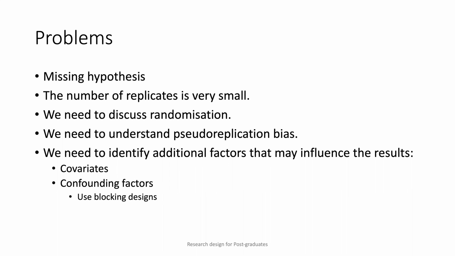And I've not discussed with you how you would randomize samples, but we did understand the idea of pseudo-replication. And some other confounding factors that may be discussed, we will do in later examples. So for now, I have been far from complete by actually giving you the right design, but we have to start at some point.